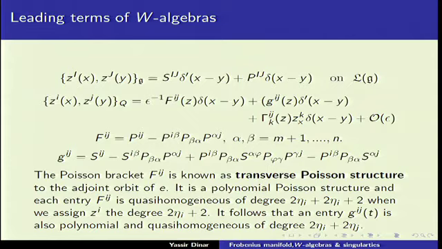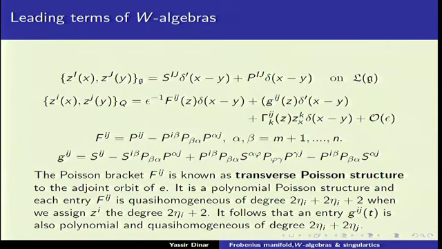This Poisson bracket is well known to people working in Poisson geometry. It's called the transversal Poisson structure to the adjoint orbit of E, because you can show that the Poisson bracket actually is a product of this transversal Poisson structure and the symplectic structure on the orbit space.